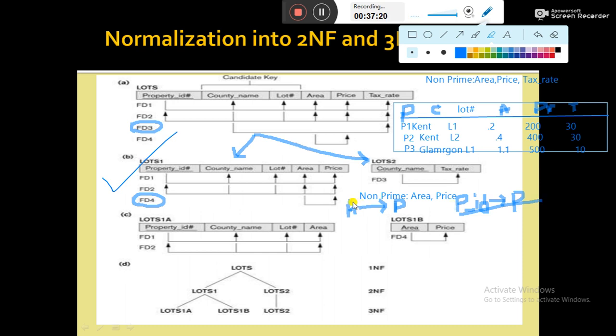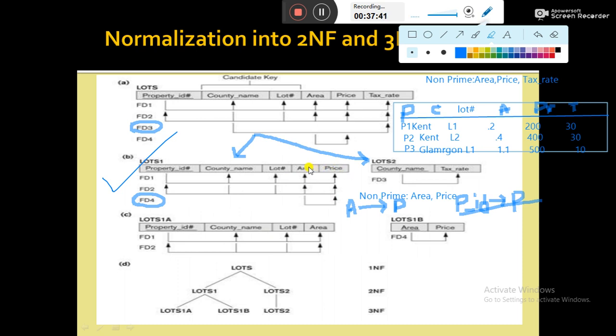So what do we have to do? We have to move the violating functional dependency, or the non-prime attributes that are dependent on each other. So area and price, these non-prime attributes are dependent on each other, so you have to move these two into a separate relation.